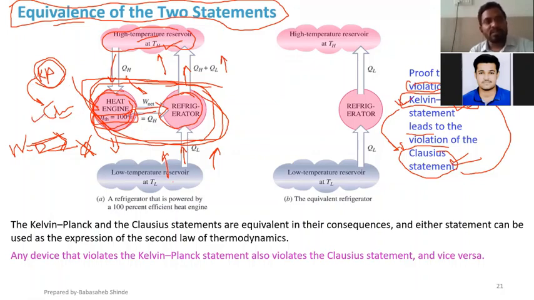So we considered violation of Kelvin Planck, and the result that we got is violation of Clausius statement. Same thing is here, or the resulting diagram we have drawn over here. So together, they will act like a device that is transferring heat from a low temperature body to a high temperature body, and there isn't any external assistance, and that is violation of Clausius statement.